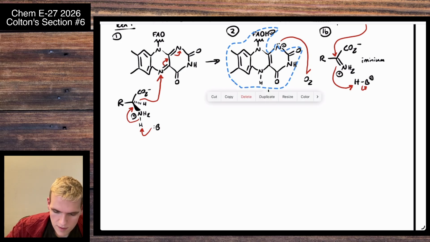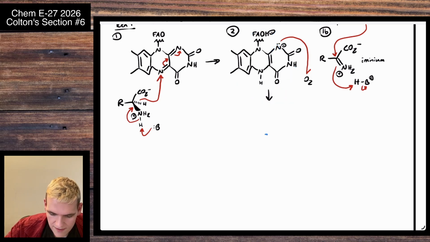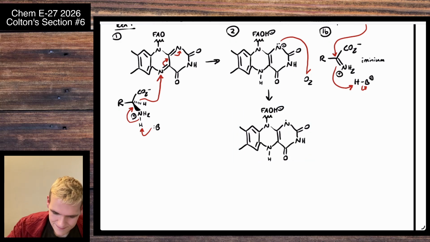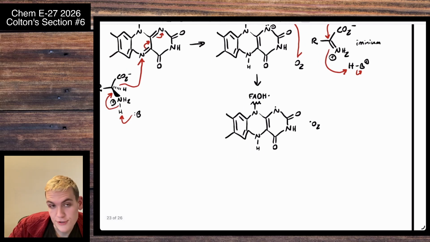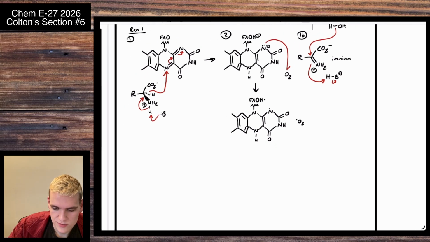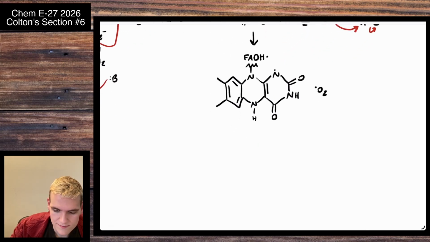So now, from this, we now have FADH dot. And then we have an O2 dot. And the FADH dot is actually neutral with this. Like she's just chilling. Because that nitrogen, again, formal charge, or valence is 5.